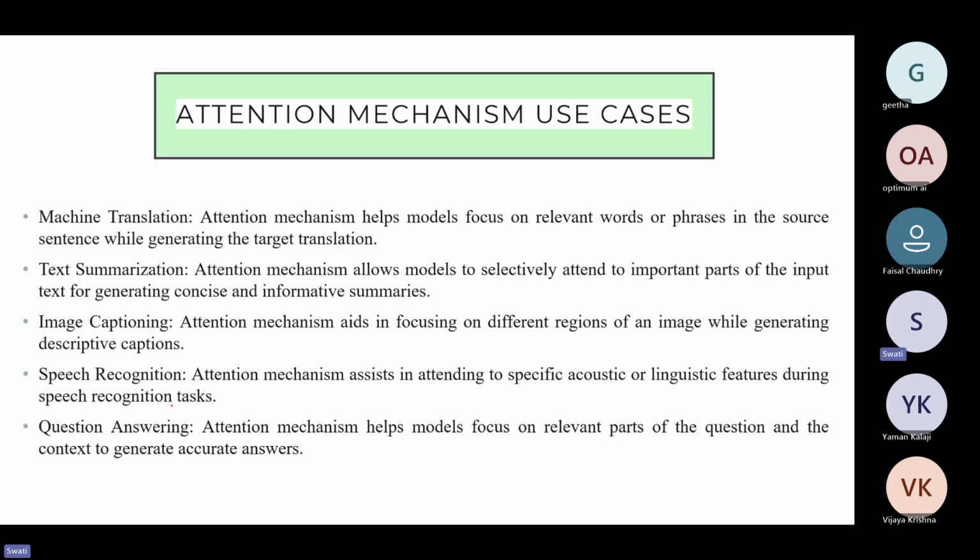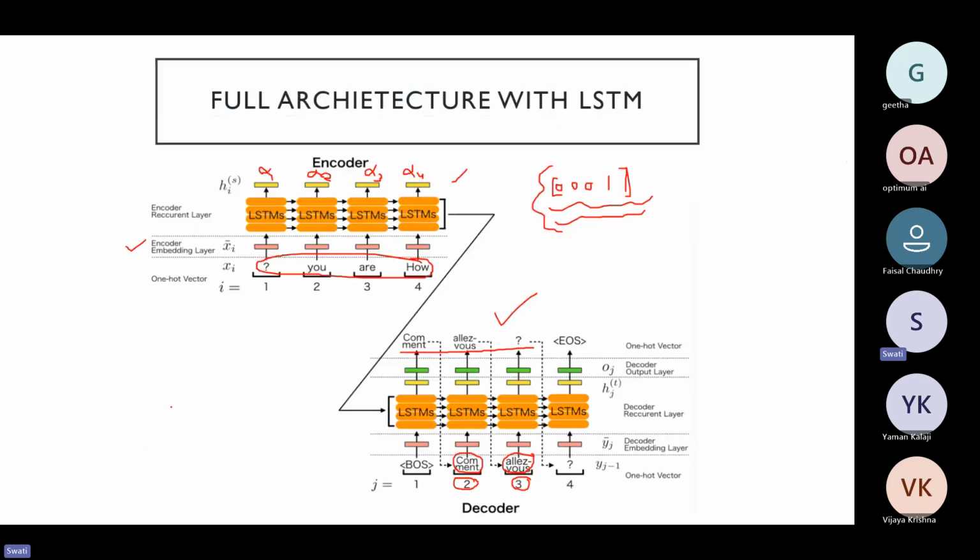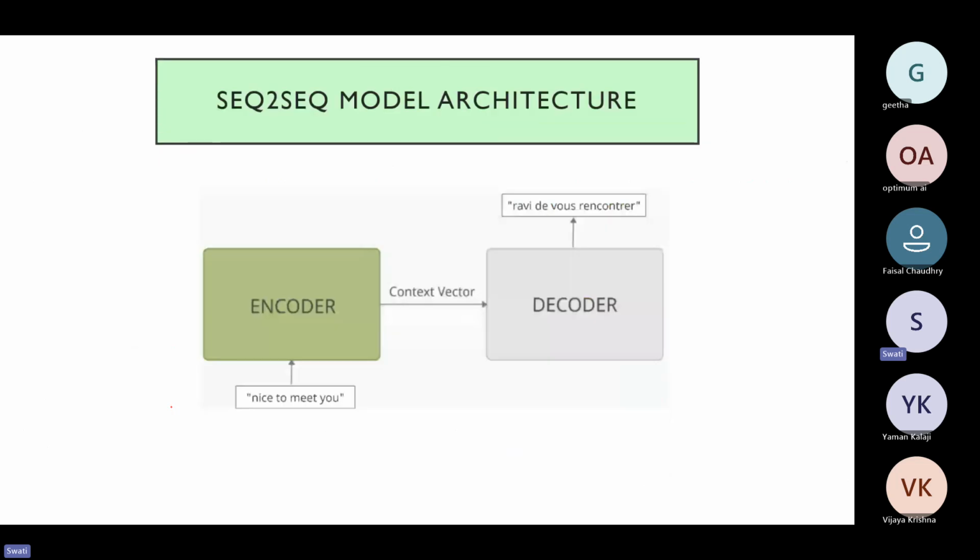Up to now, what we have learned today is mainly one model, and another was a modification of it. It was the sequence to sequence model having an encoder and decoder.